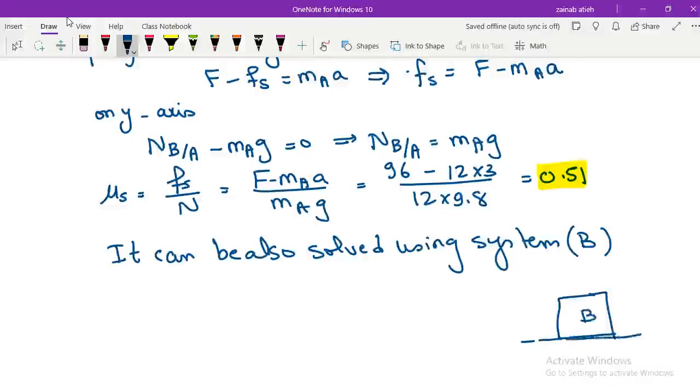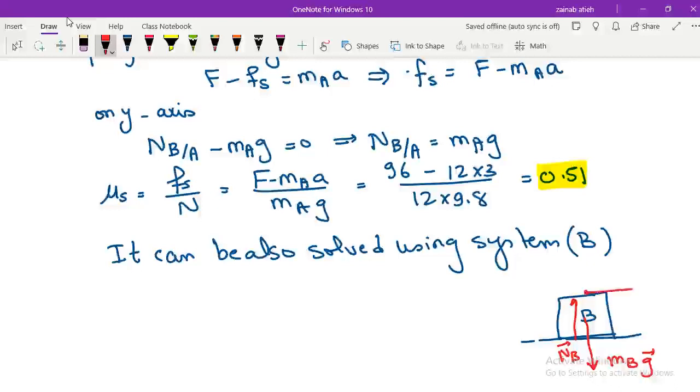What are the forces on B alone? On B I have the weight of B, which is MBG. I have the normal from the earth, which I called NB. Okay, I have the friction with A. If you still remember, the friction that A was exerting on B was to the left. According to Newton's third law, when the first exerts a force on the second, the second exerts a force on the first, same magnitude and opposite direction. So in this case Fs exerted by A on B will be like this.